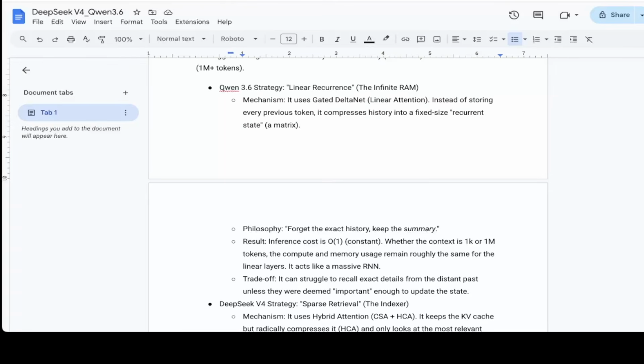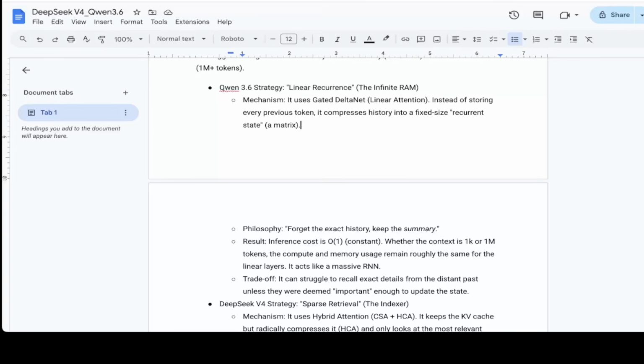So what is a linear recurrence? Linear recurrence is basically: forget the exact history, keep a summary, and keep everything in a fixed size recurrent state. So it's a fixed matrix, but it uses the gated delta net. So that's what we talked about earlier. They use the gated delta net and also gated attention to speed up the compute.